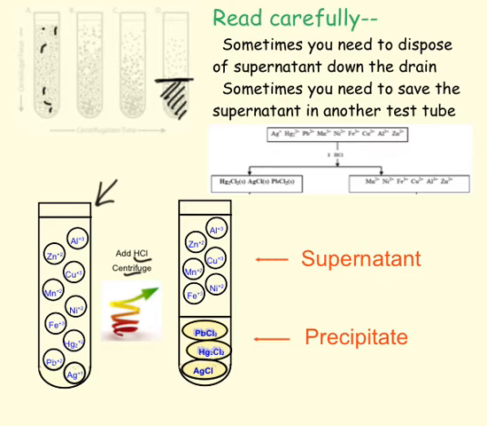When you do this, the chlorides are going to combine with lead ions, mercury ions, and silver ions. They are not soluble as chlorides. So they're going to form solids. They're going to form precipitates down at the bottom of your test tube.